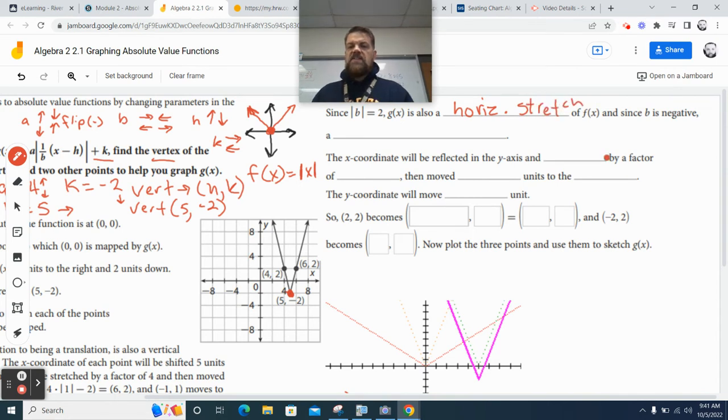You might not memorize that off the top of your head, but since b is negative, it's a reflection across the y-axis. Is it y or x? It's the y-axis. I don't know if you guys remember that from your transformation section.